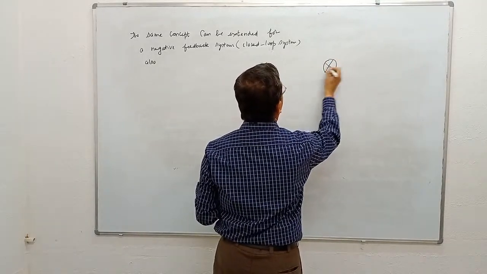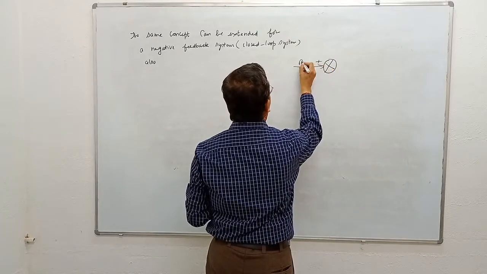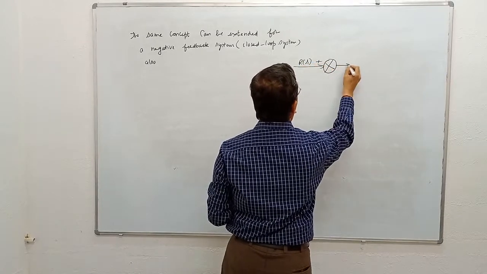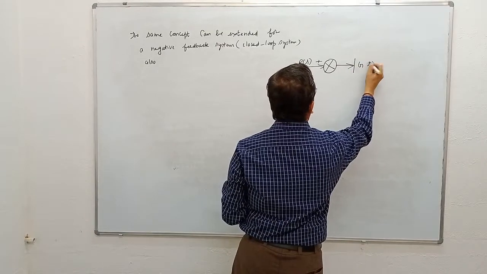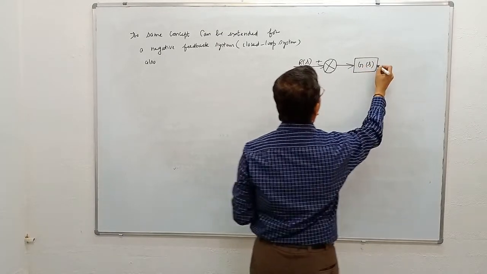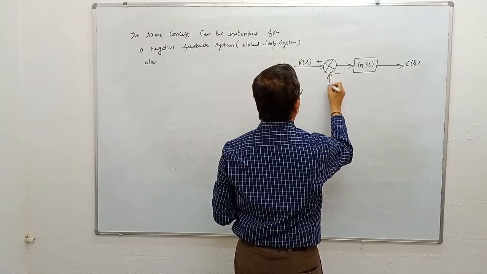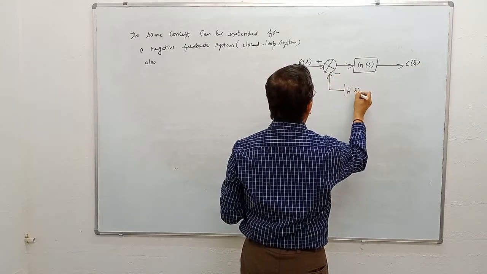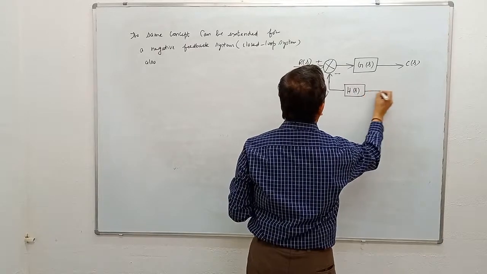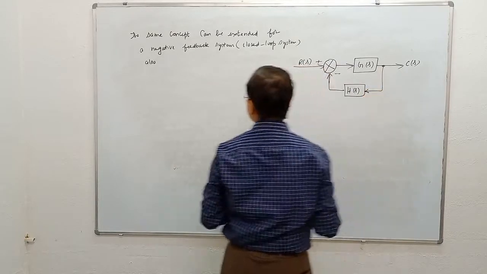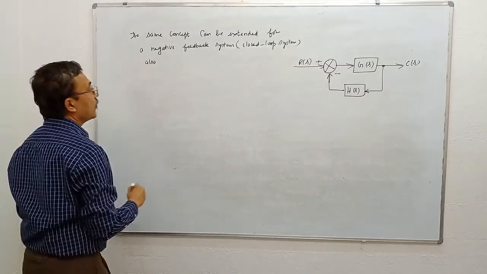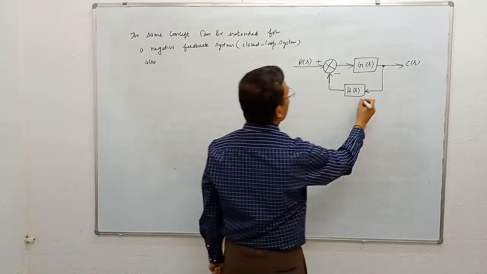Let us take a negative feedback system having the input R of S, forward path transfer function G of S, output C of S, feedback transfer function H of S. This is figure number 4.